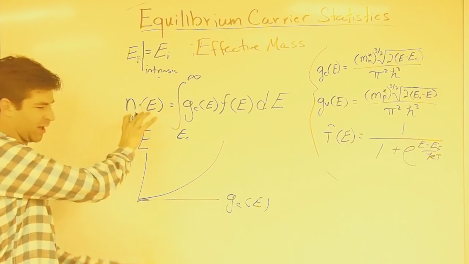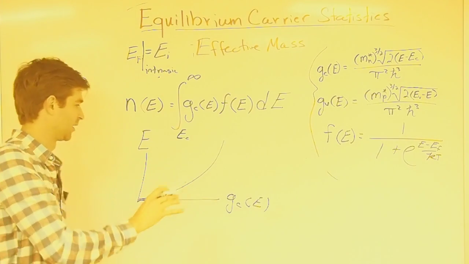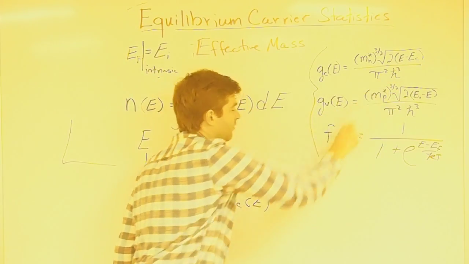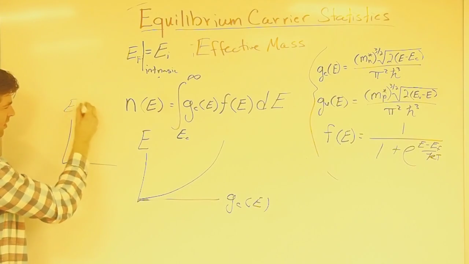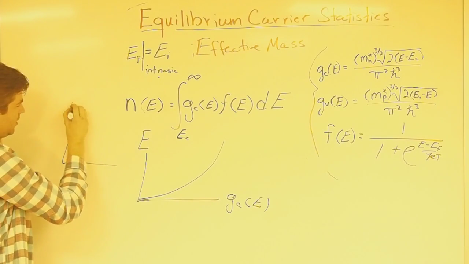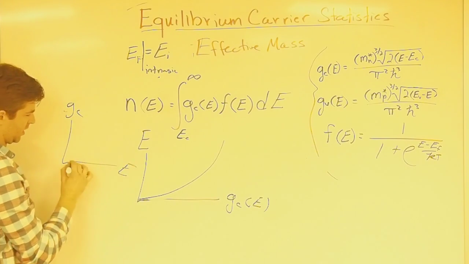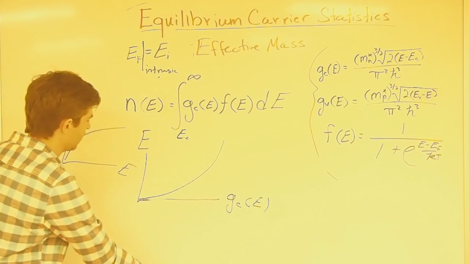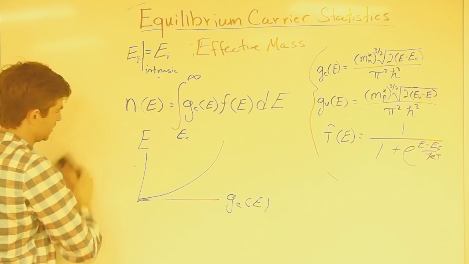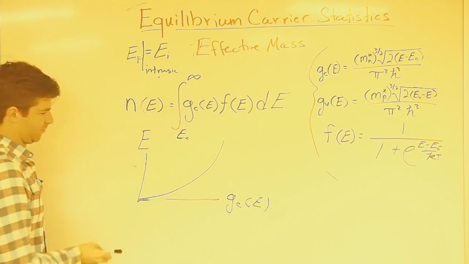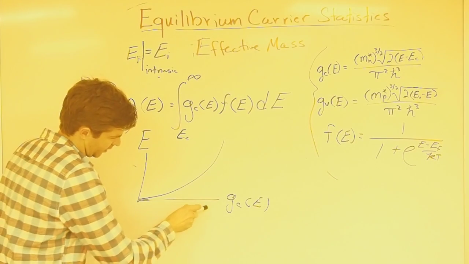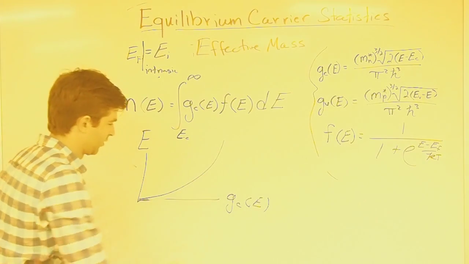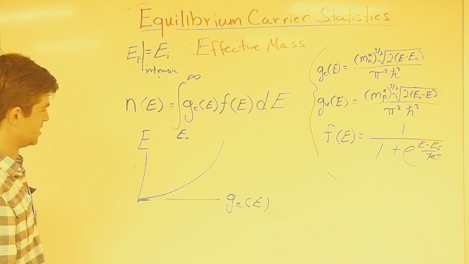Remember, this is a flip of the graph that we did last time, because it's proportional to the square root of E. So when we think of this as E, and this as GC, it goes up here and it saturates. That's what the square root term is like. So we're flipping it just like that. As the energy increases, so does the density of states. So that's what GC is.